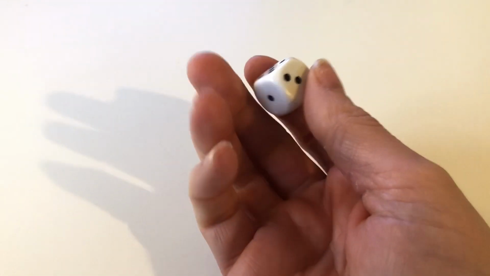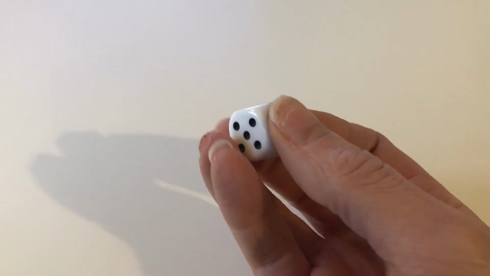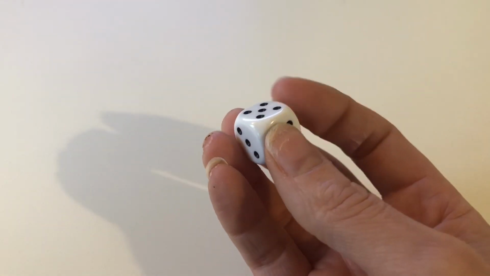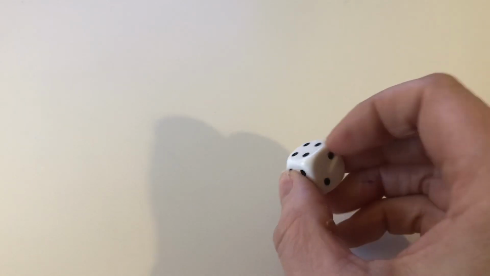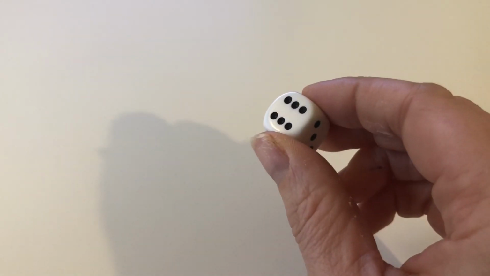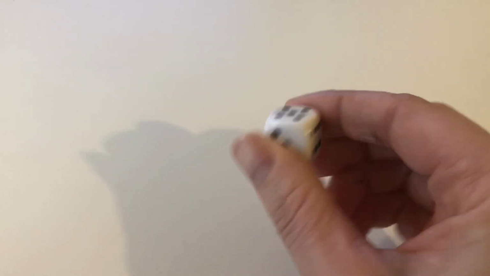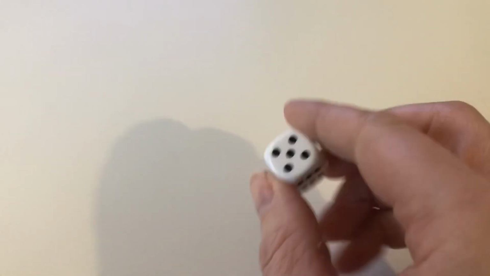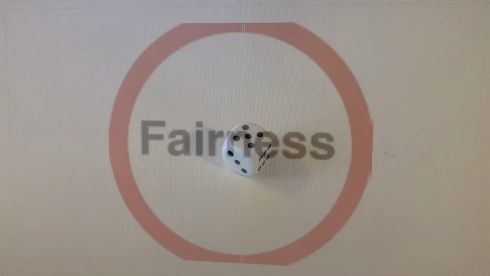Those came into existence many years ago when people would gamble and use dice and, unfortunately, try to cheat. So on a fair die, which is unbiased, there are equally likely chances of each number being rolled.